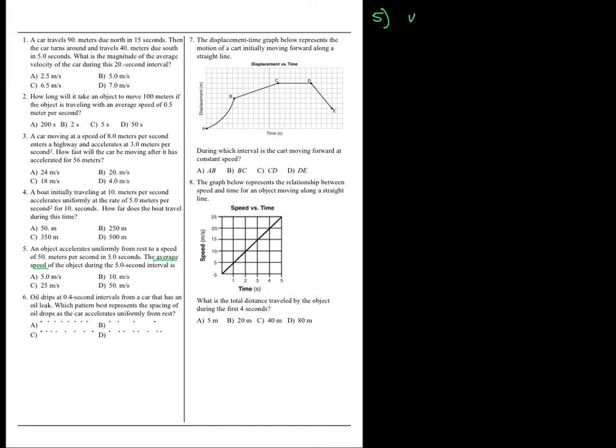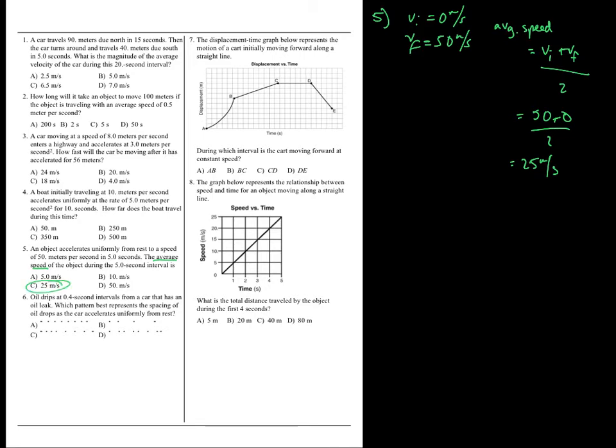Your vi is 0 meters per second, vf is 50 meters per second. For average speed, you just add the two together, divided by 2. So 50 plus 0 divided by 2 gets you 25 meters per second, which is our answer for choice C. But I'm calling it optional. You don't need to worry about that one.